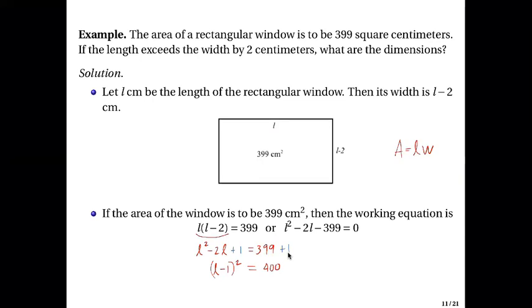And therefore, I will have L minus 1 equal to plus or minus square root of 400. Square root of 400, that's 20. So I will have plus or minus 20. Following?